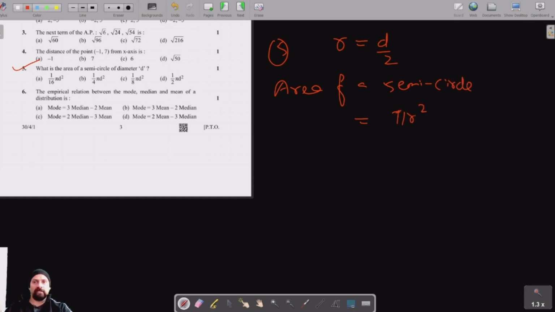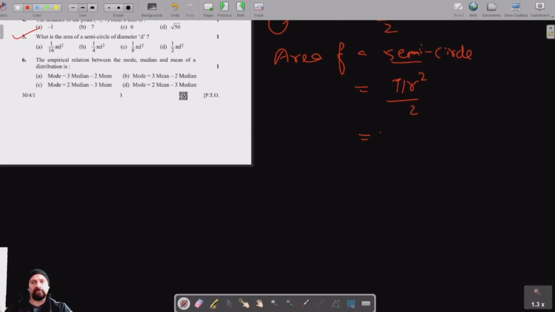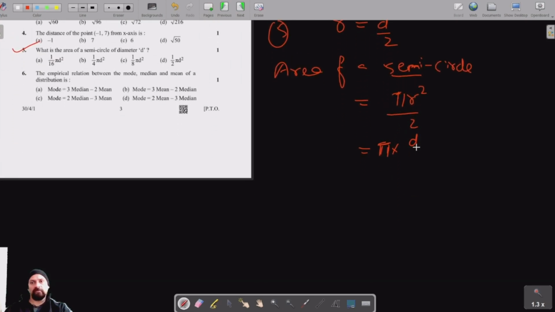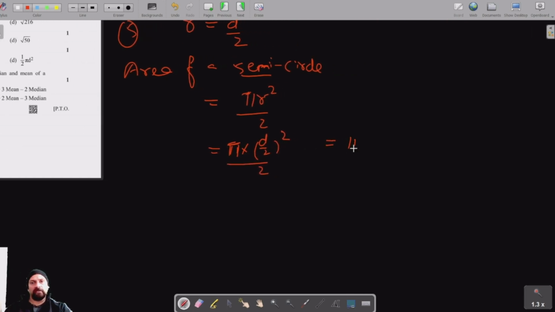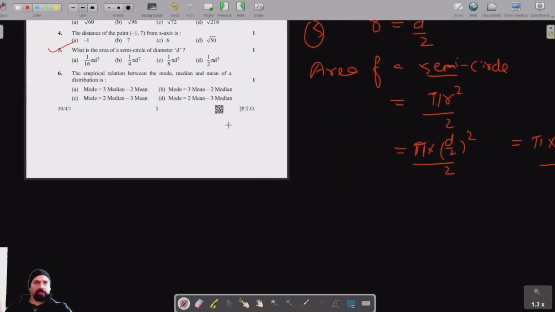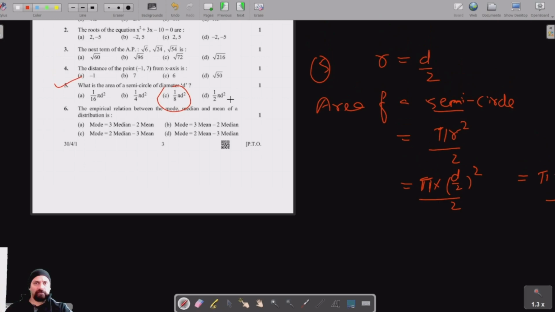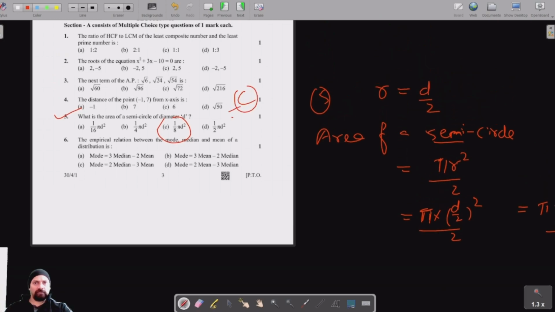The area of the circle is pi r squared. For a semicircle, it has to be divided by 2. Let's put in the respective value of r. So r is d by 2. So this is pi into d by 2 the whole squared divided by 2. This is pi into d squared by 4 by 2, which is pi d squared by 8 square units. So our option is option C. The correct answer for this is option C.